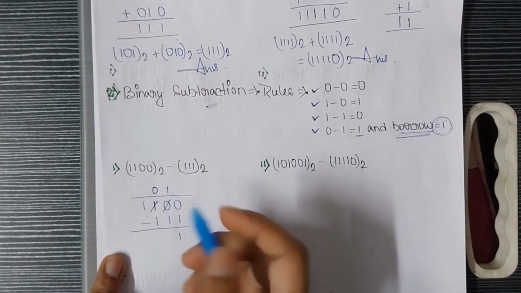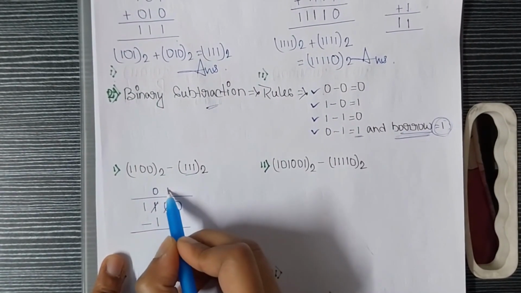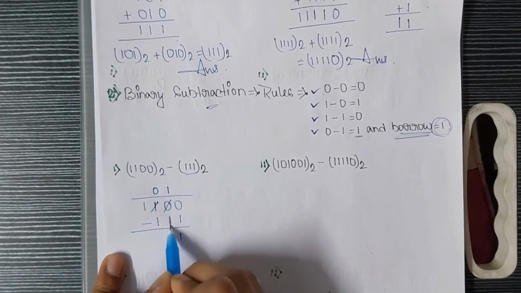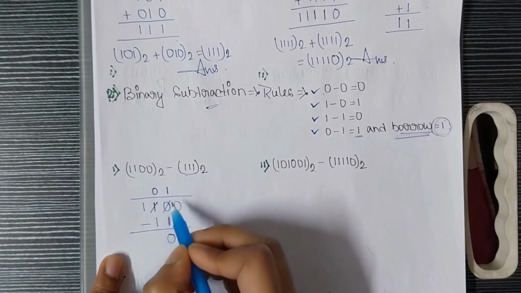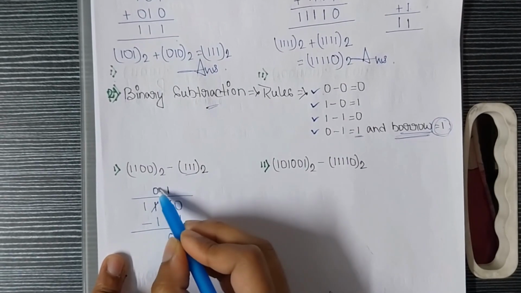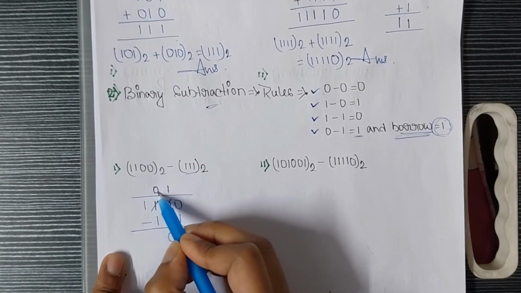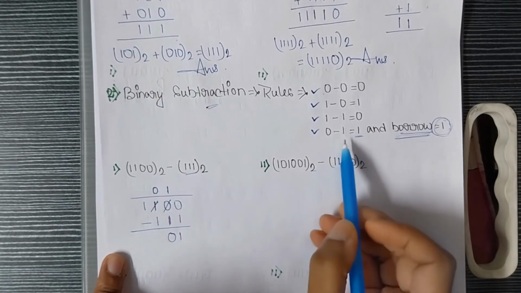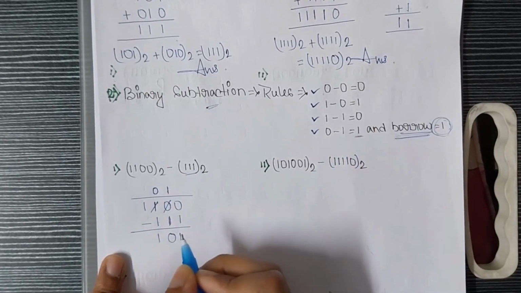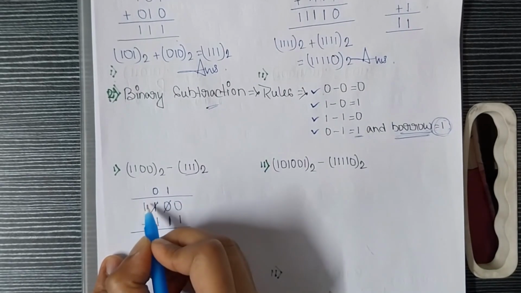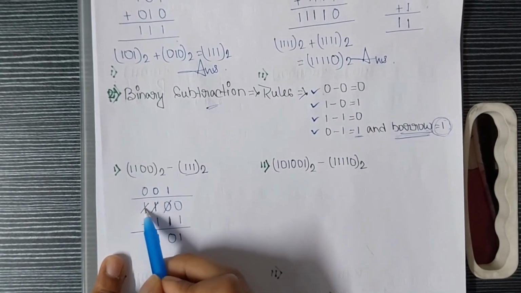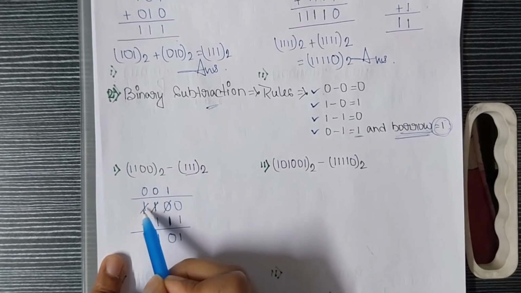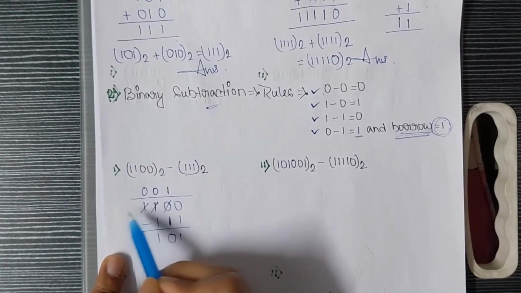Now we have to subtract this one from this one. So 1 minus 1 is equal to 0. Moving to this column, again we have 0 minus 1, which is 1, and we have a borrow, so we will cut the 1 and write here instead of 1 a 0.